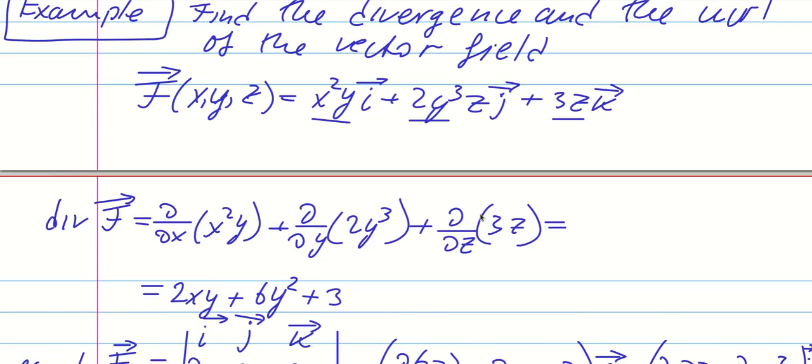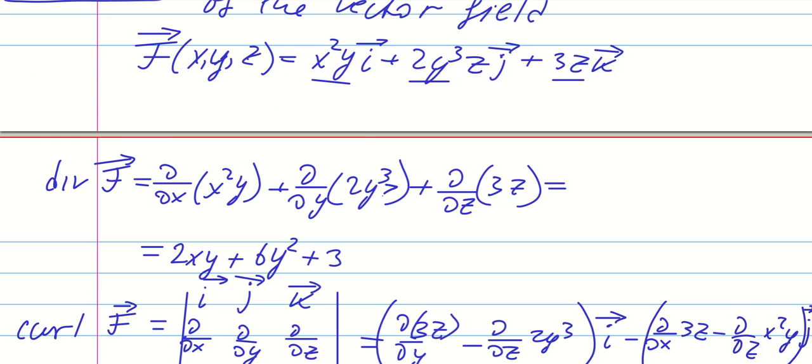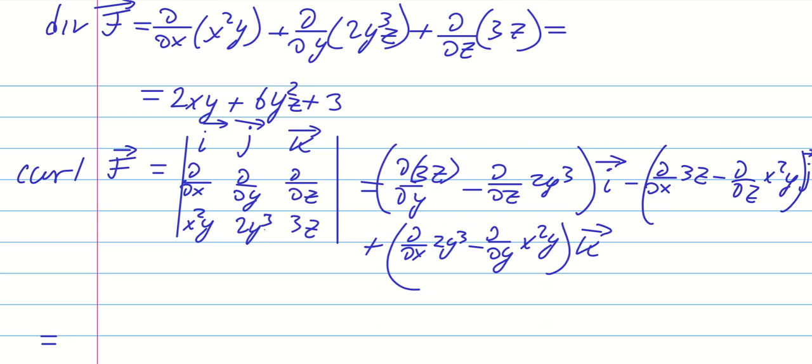I forgot to rewrite z here. This should be z, and this should be z. So over here we'll have 2y cubed z and 2y cubed z. All right. So fixed it.